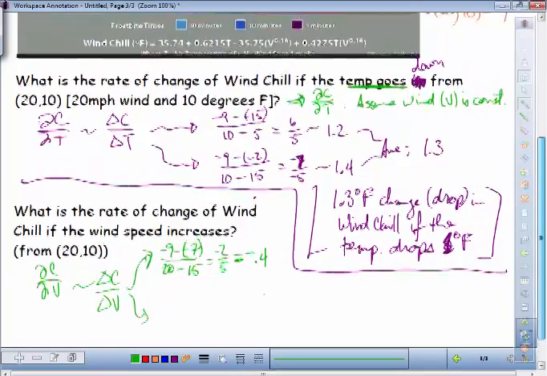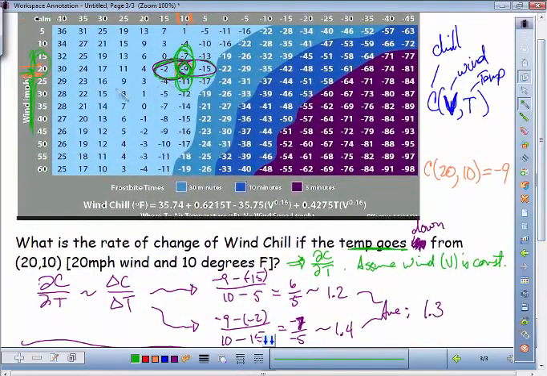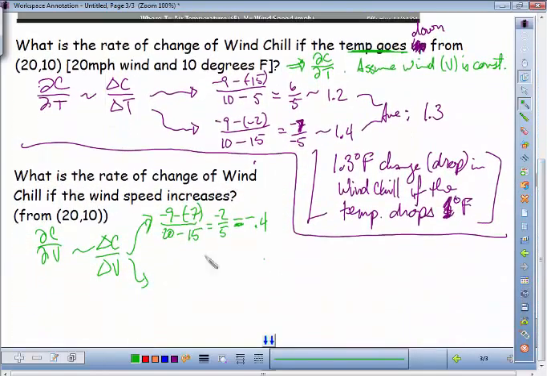And then I'd find the same relationship, but this time with the speed goes up from 20 to 25, the wind chill goes from -9 to -11. So -9 minus -11. That's what happens to our wind chill when the wind speed goes from 20 to 25.